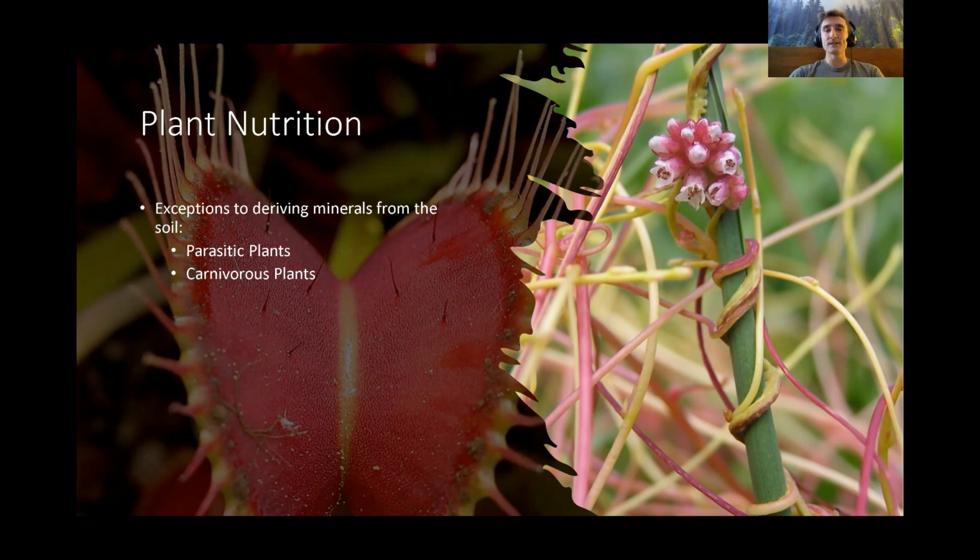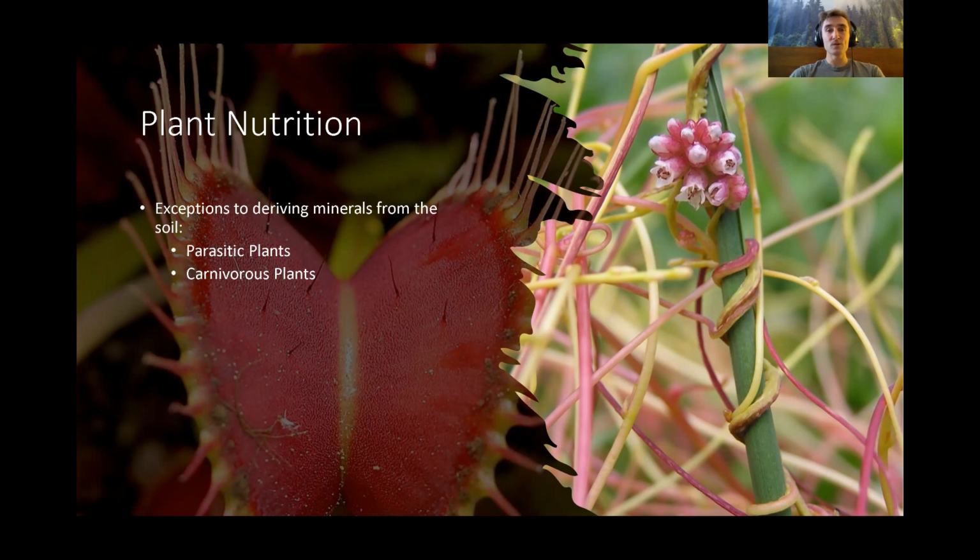While the soil is saturated, it tends to alter the pH, and at a very acidic pH certain minerals become unavailable. In order to get the minerals, they have to look elsewhere. They have to attract bugs and then have those bugs die inside the plant structures. I wouldn't say they eat the bugs; it's more like the bugs decompose and release minerals in a way that the plant can absorb.